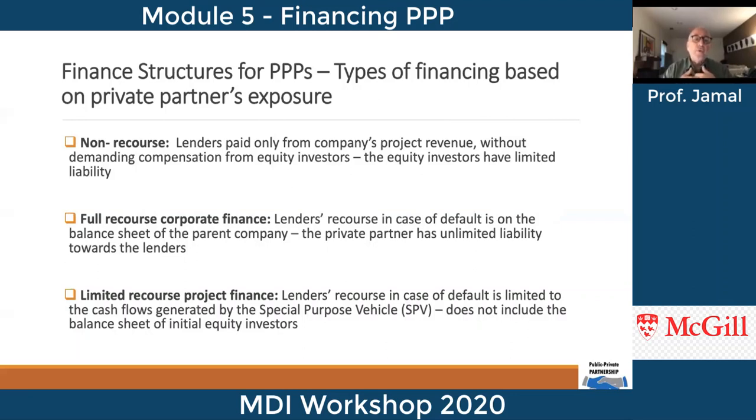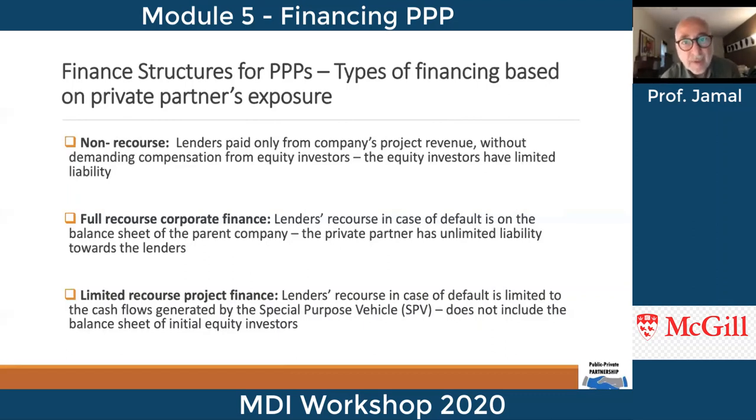Then you can go with full recourse corporate finance, where the lender's recourse in case of default of the project is on the balance sheet of the parent company, and where the private partner has unlimited liability toward the lender. If a major holding company from overseas is directly involved in the project, it will be called full recourse corporate finance, and the mother company will be then accountable on their balance sheet.